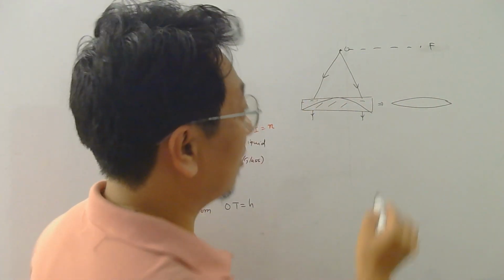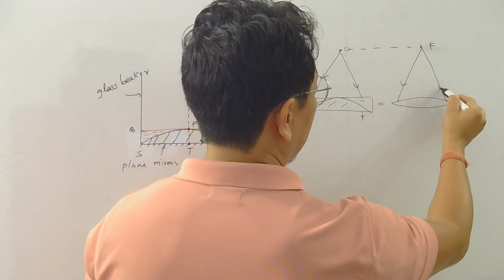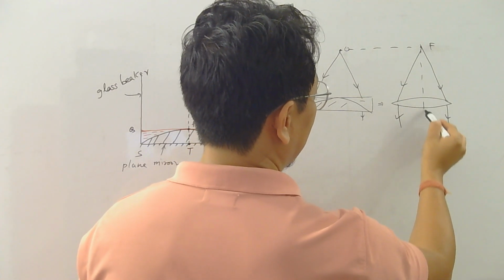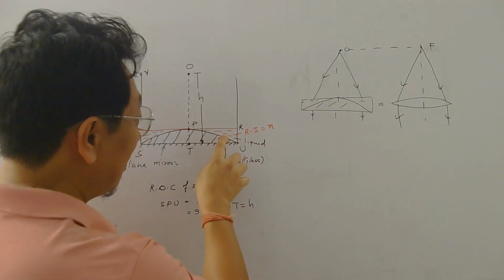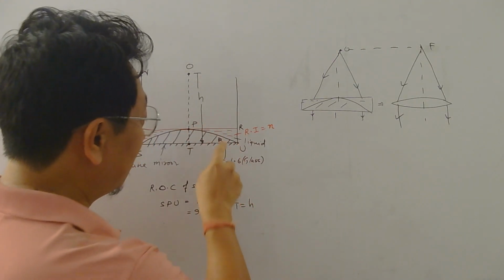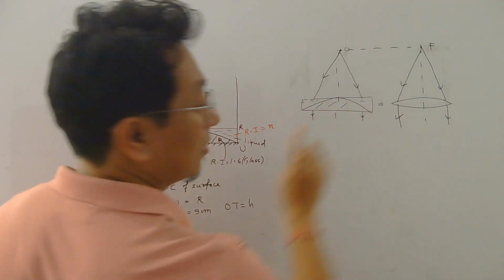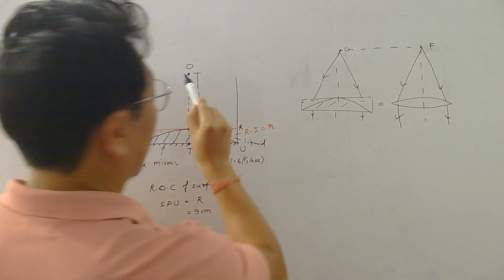Why? Because if an object is at the focus of a convex lens, then after refraction it comes parallel to the principal axis, isn't it? So the equivalent lens of these two lenses will be a convex lens whose focus should be wherever this object is.